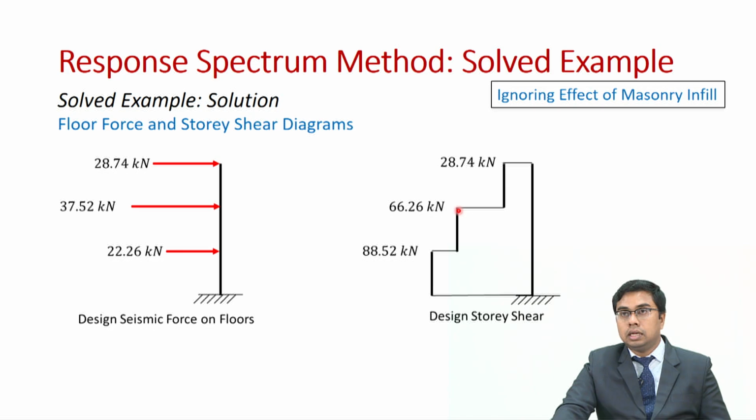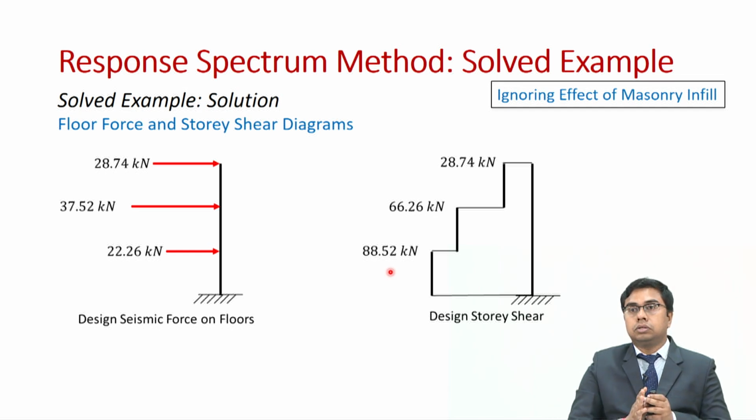For the second story, it should be 28.74 plus 37.52, which gives us 66.26 kilonewton. And finally, the bottom story will attract a design story shear given by 66.26 plus 22.26, which gives us 88.52 kilonewton. Now, this is the process we adopted while we ignored the effect of masonry infill.